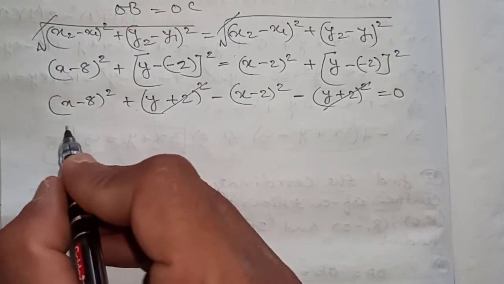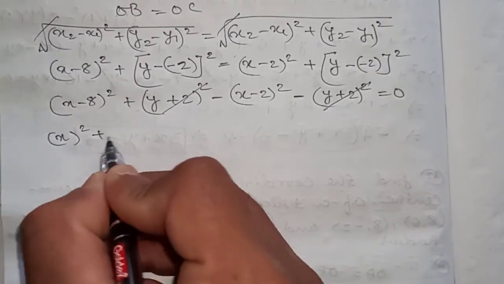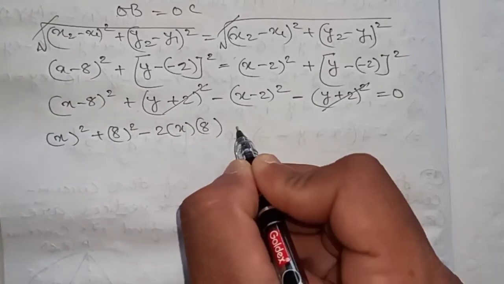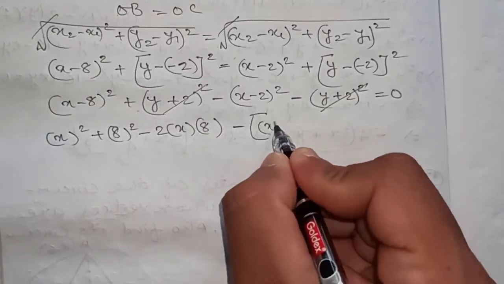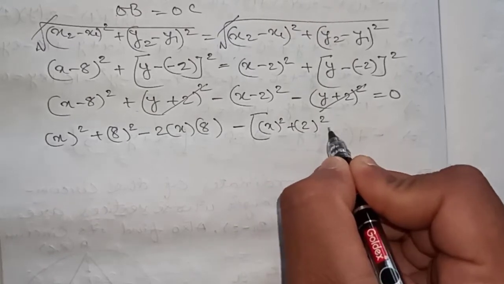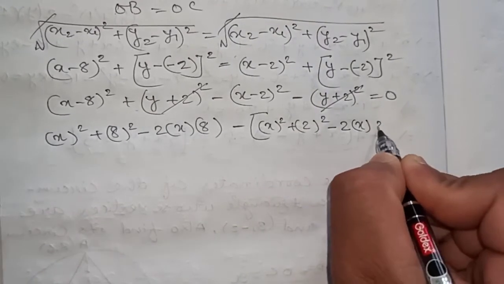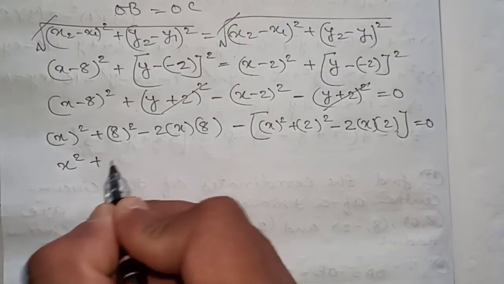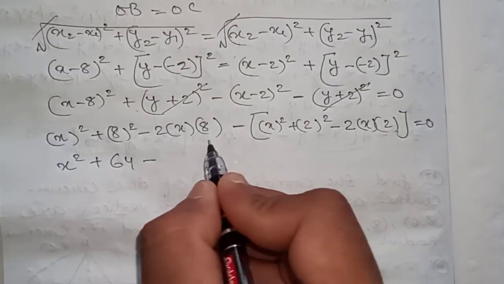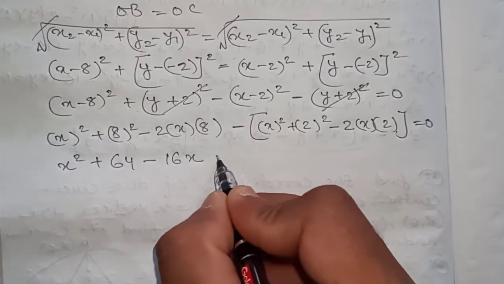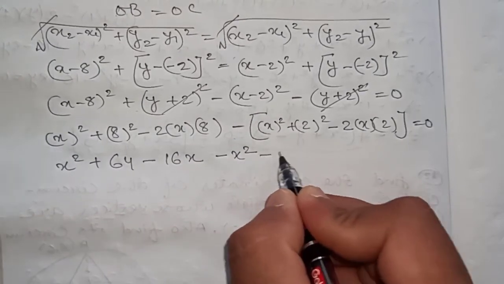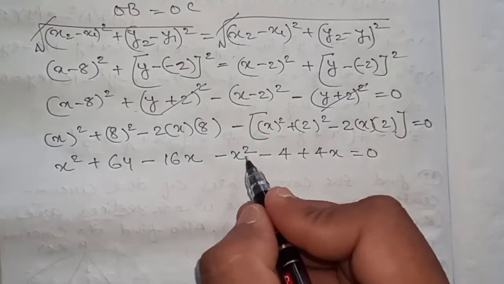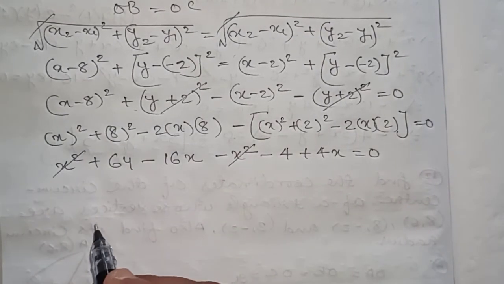Use the (a minus b) whole square formula: a square plus b square minus 2ab, minus (a square plus b square minus 2ab) equals 0. x square plus 64 minus 16x minus x square minus 4 plus 4x equals 0. x square and x square will be cancelled.